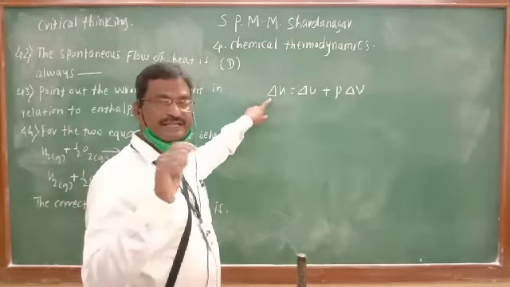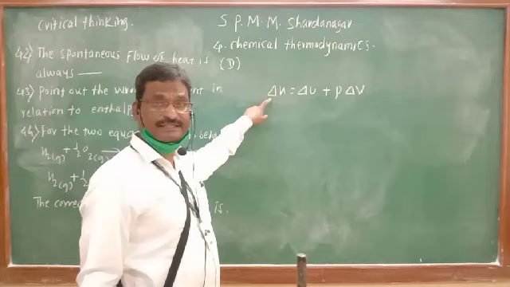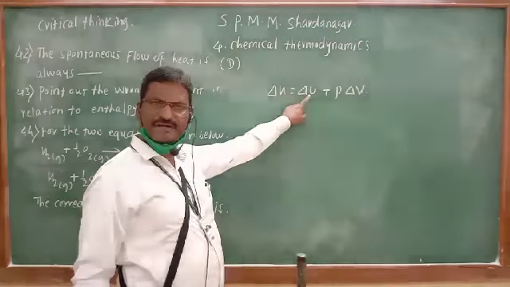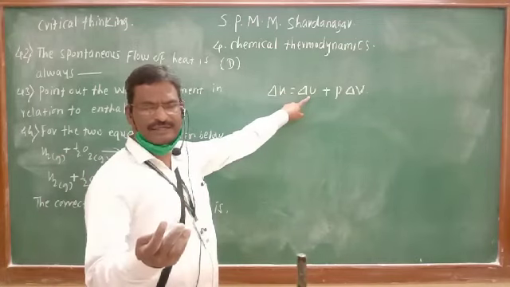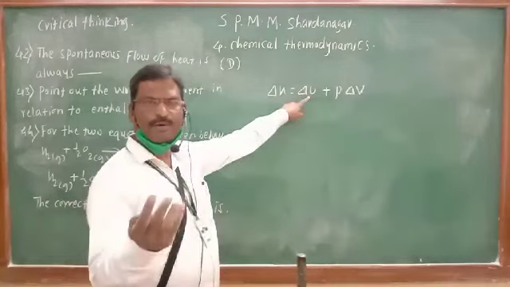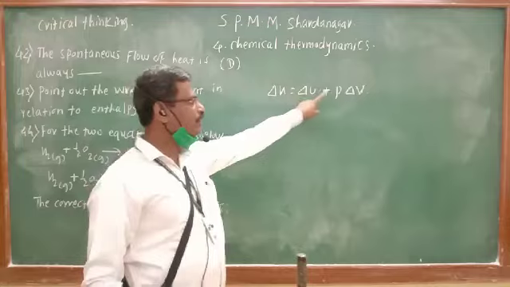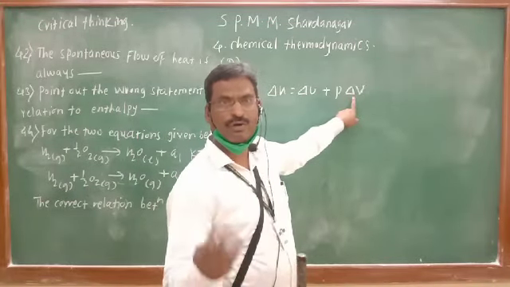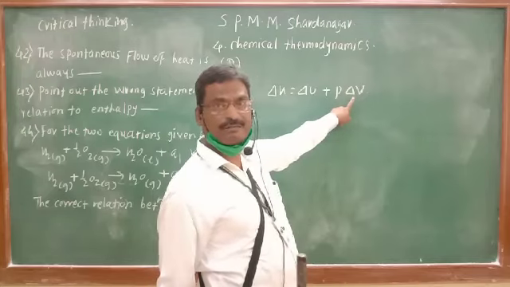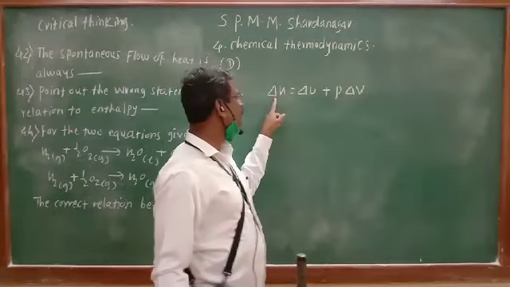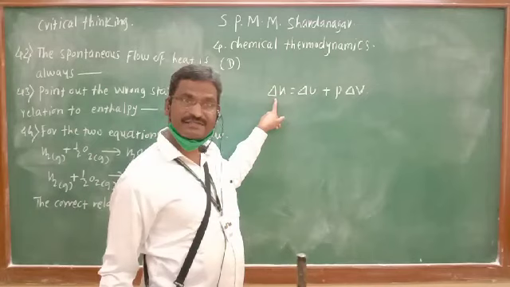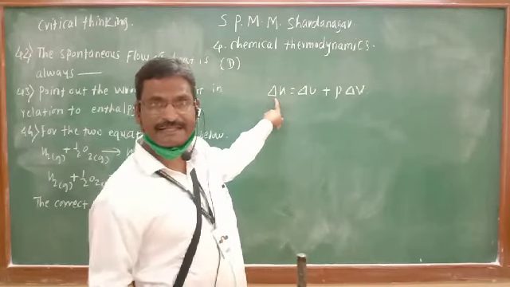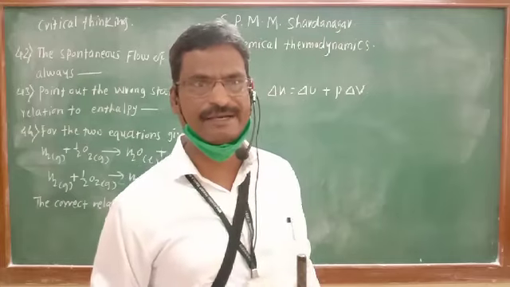This is extensive. This is extensive because it depends on internal energy. Internal energy depends on the amount of matter present in the system. It depends on volume. What is volume? Extensive. Volume depends on amount of matter present in the system. Therefore, enthalpy is also extensive. But there they have given it is intensive property. So that is wrong statement.